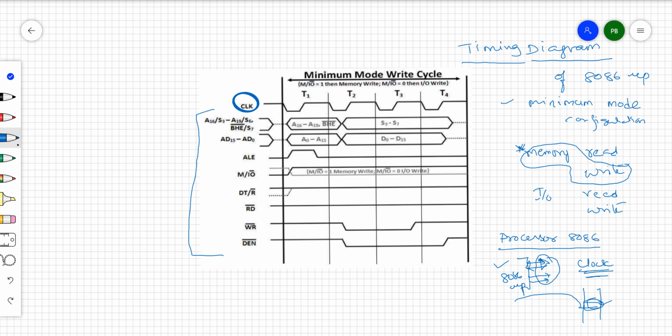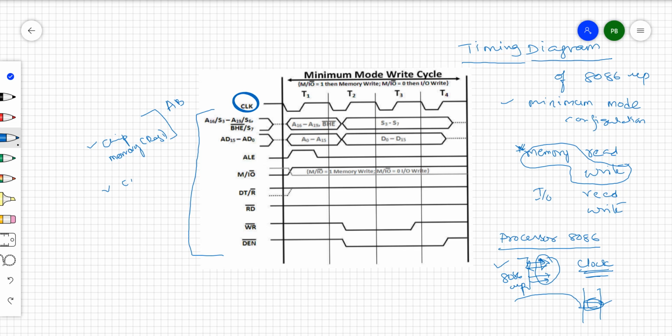Previously we also saw in the minimum mode configuration, to communicate from the processor to the external memory, these things happen. The chip is selected, as well as the memory location, that means one register among the memory is selected using the address bus.